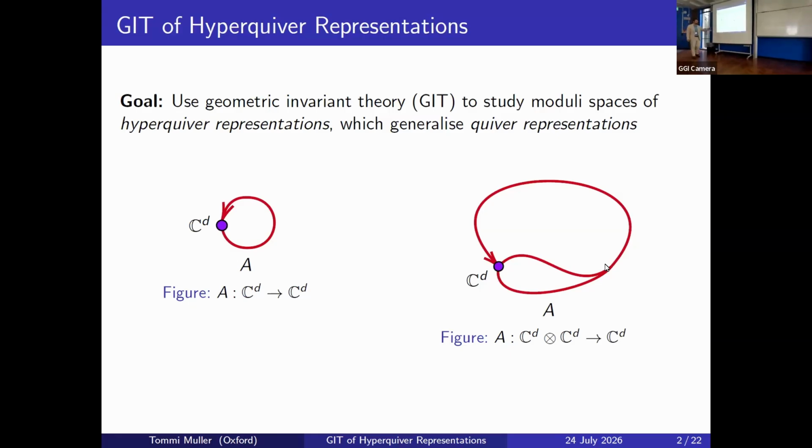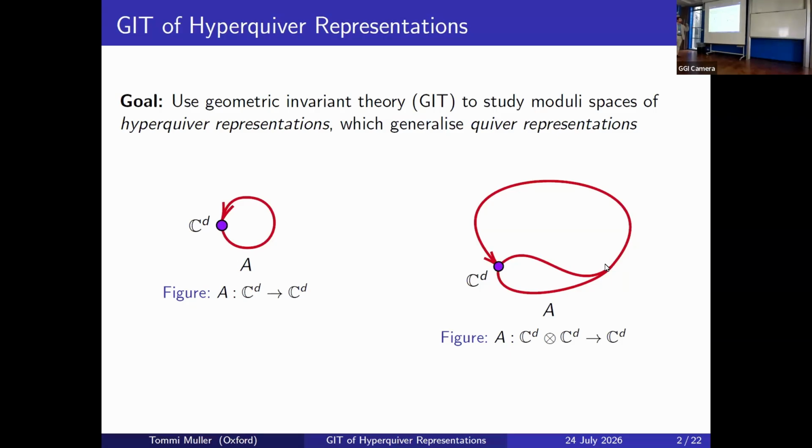On the right you have a hyperquiver. It takes two copies of the vertex and maps to itself, and now we have a multilinear map going from the tensor product of the source with itself to the vertex.